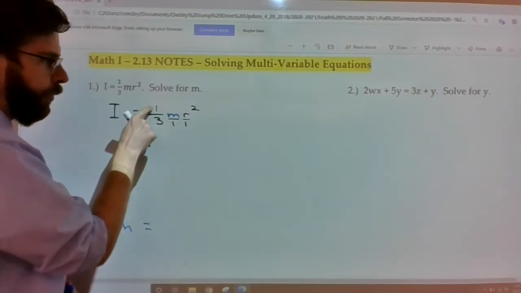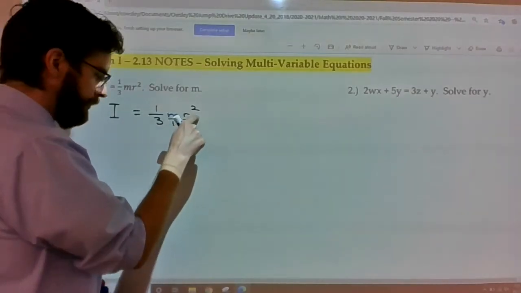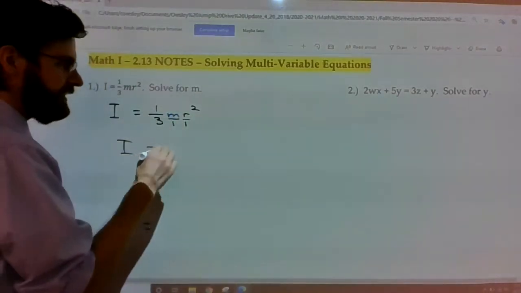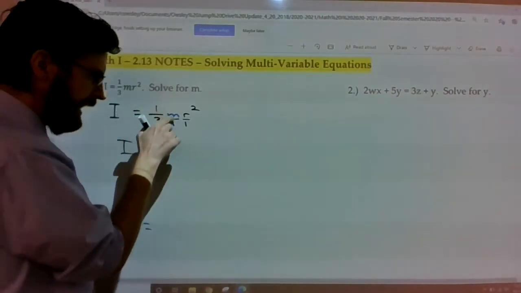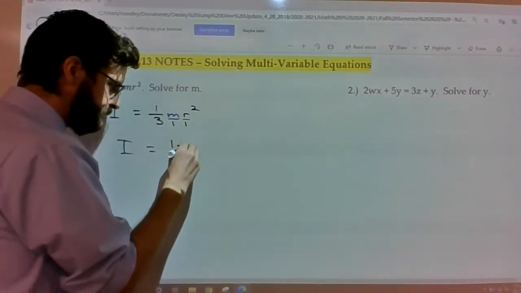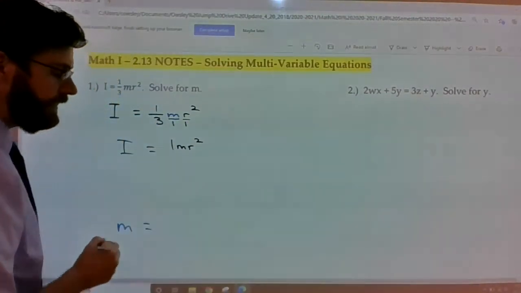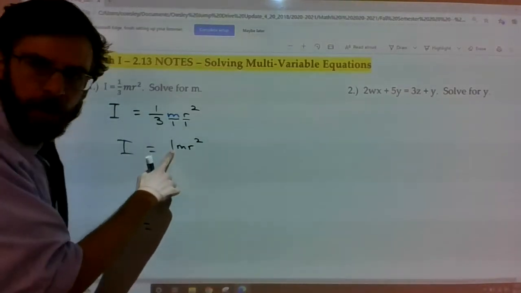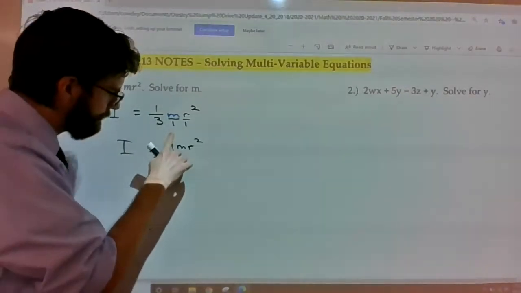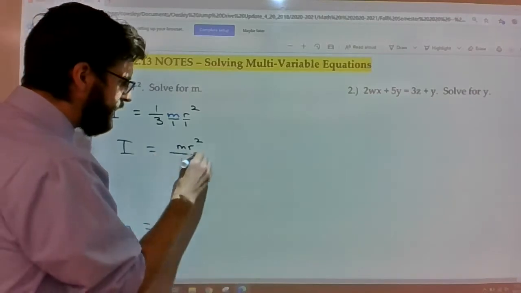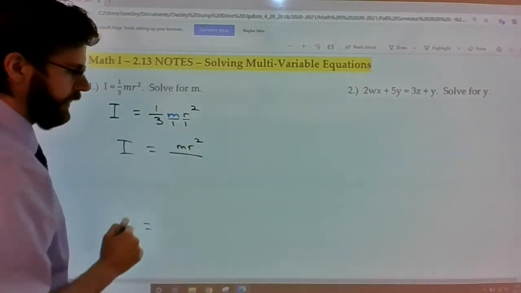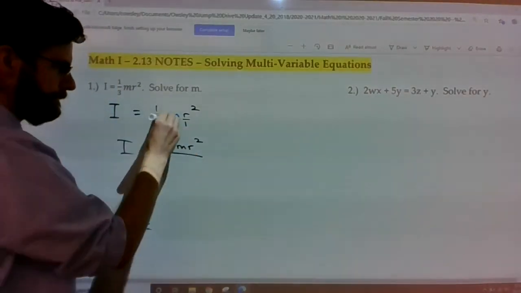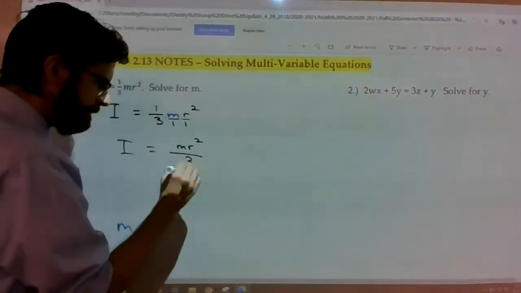I will multiply 1 times m times r squared, which can be rewritten as 1mr squared, which really means I can just call it mr squared. I don't even need the 1. And then on the bottom, it's 3 times 1 times 1, which is 3.